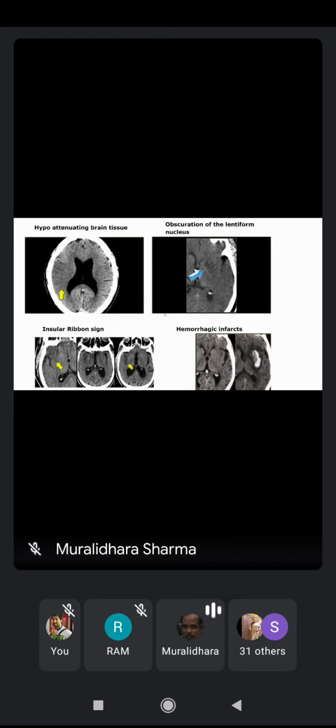But in the initial stage, up to about 24 to 72 hours from the onset, the ischemic changes may not be visible in the imaging studies if it is a moderate ischemia. Of course, in a severe ischemia or in a hemorrhage, the changes could be seen immediately. So, wherever there is a possibility, it's better to postpone the CT or MRI to at least 24 or 48 hours, so that you will not have a negative image or negative results.